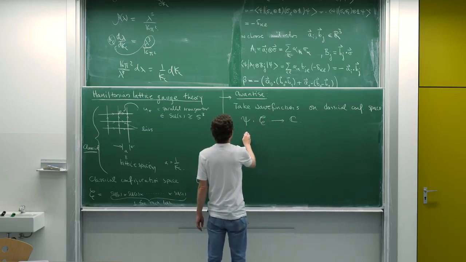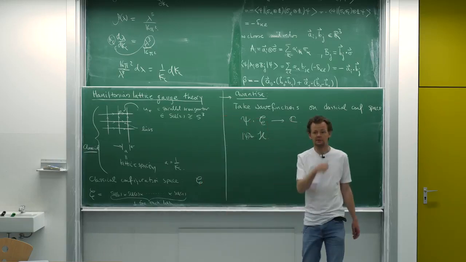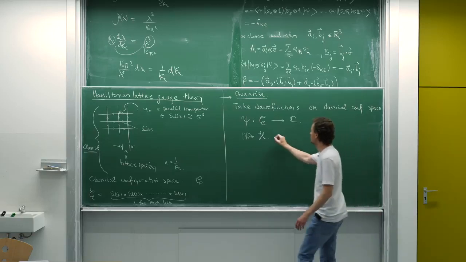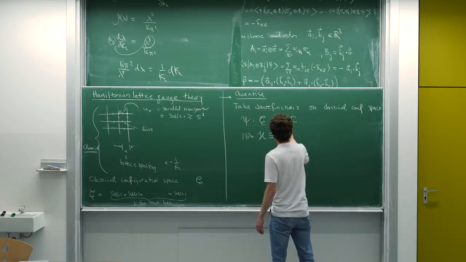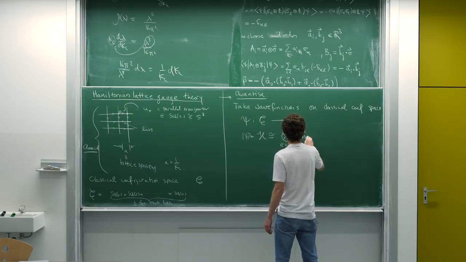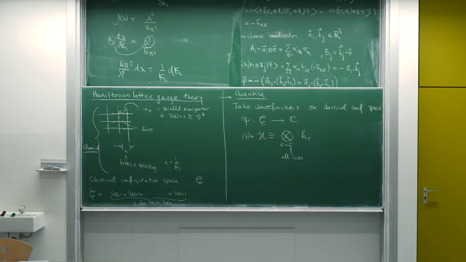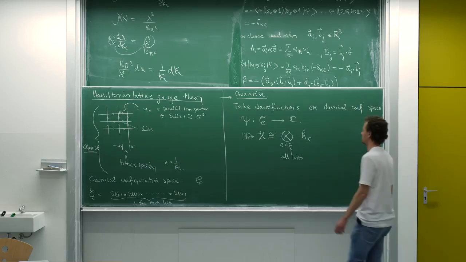And what does that mean? Well, psi as a ket lives in some Hilbert space, and we have to describe what this Hilbert space is. This Hilbert space is a tensor product over all the links of some other Hilbert space, H_E, that's the Hilbert space per link. And I told you what that was in the previous lecture.